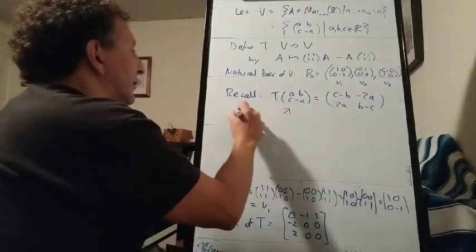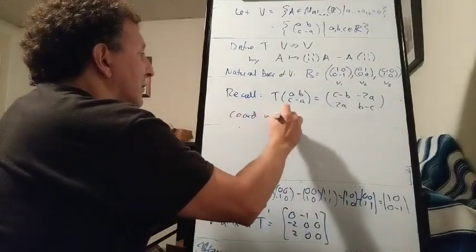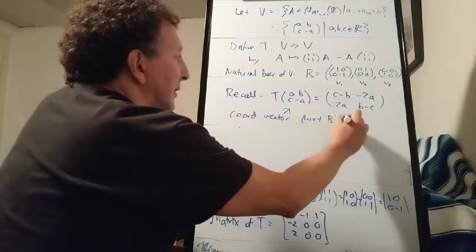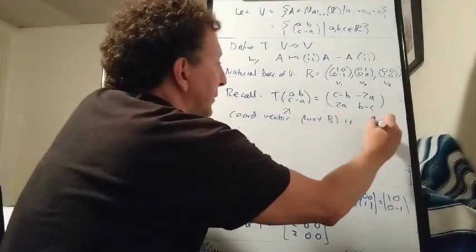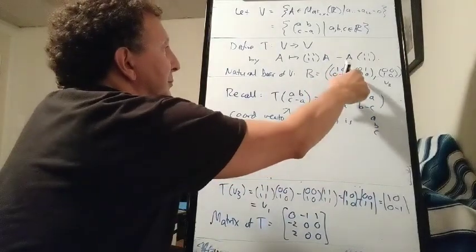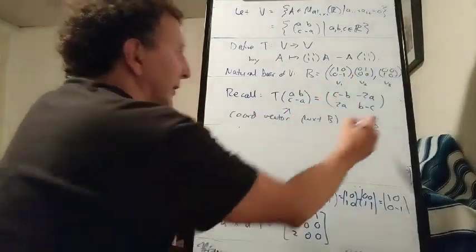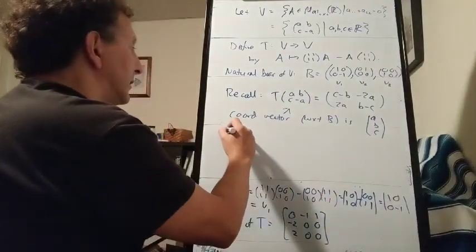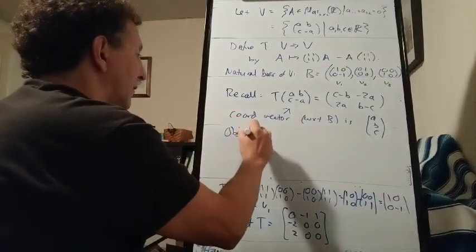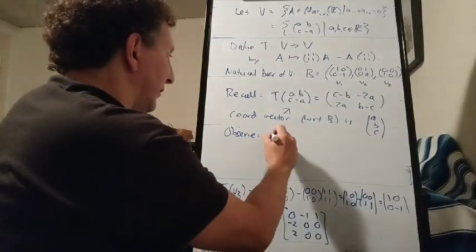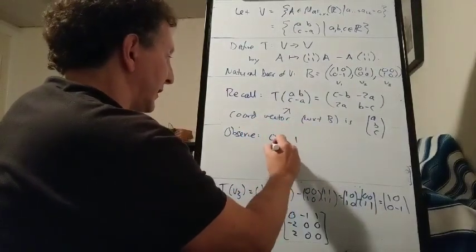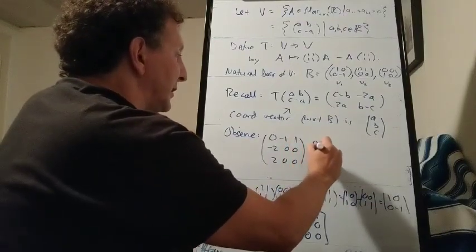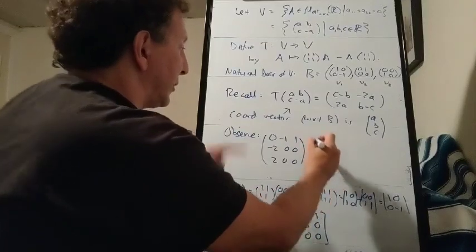Now the coordinate vector with respect to B is A, B, C. We've got A times this plus B times that plus C times the third thing. So what happens if we multiply this matrix by A, B, C?